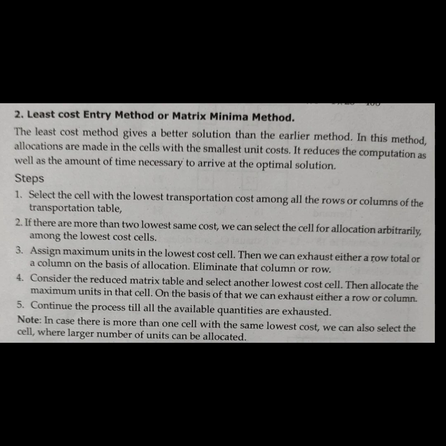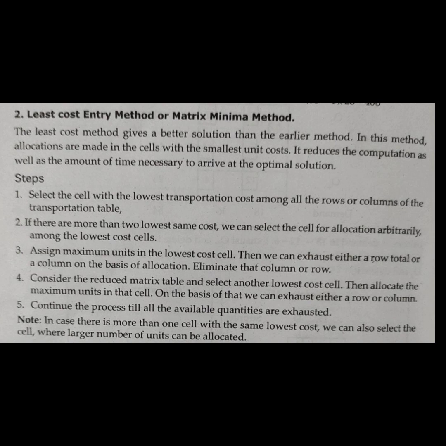It reduces the computation as well as the amount of time necessary to arrive at the optimal solution. Find the cell with the minimum cost in the transportation table, allocate the maximum feasible quantity to this cell, and eliminate the row or column where an allocation is made.